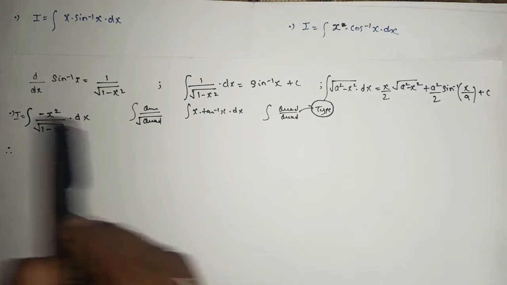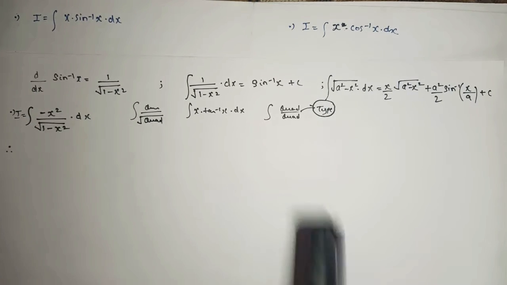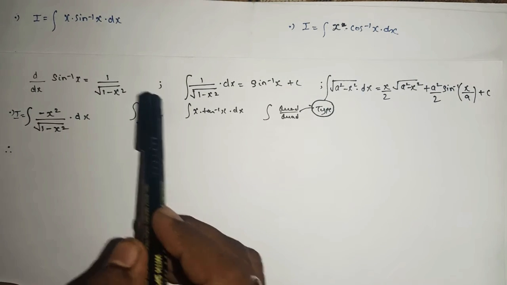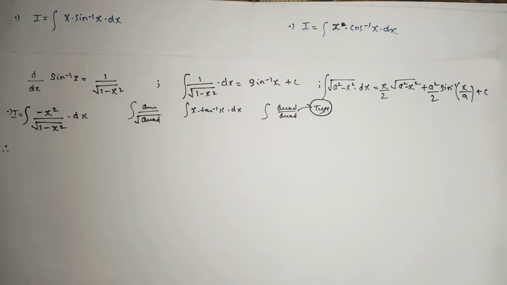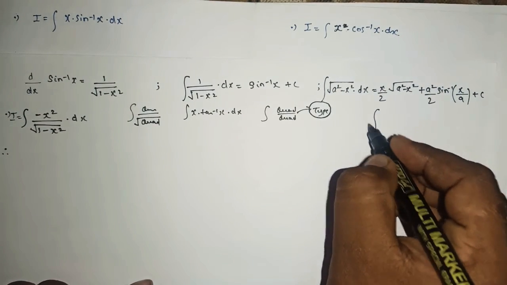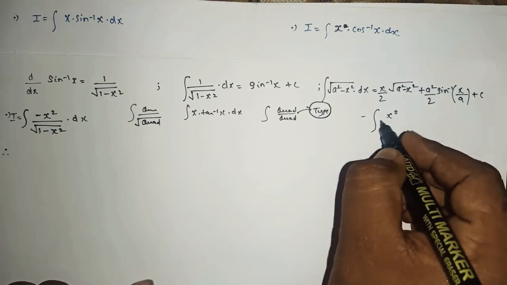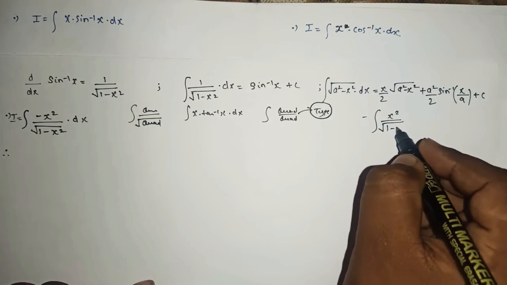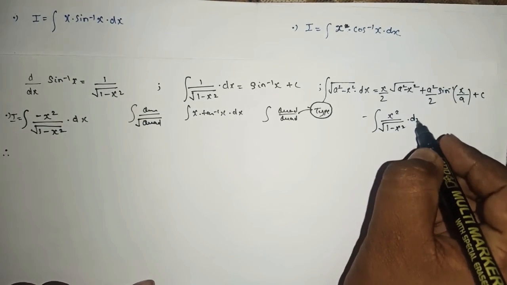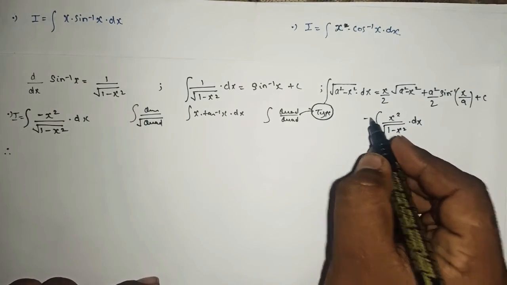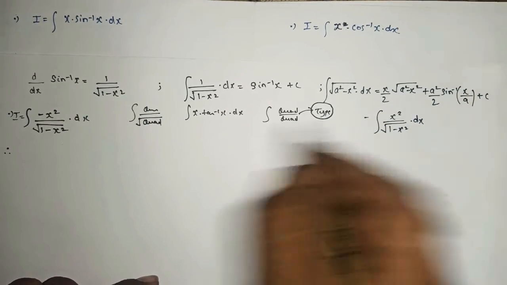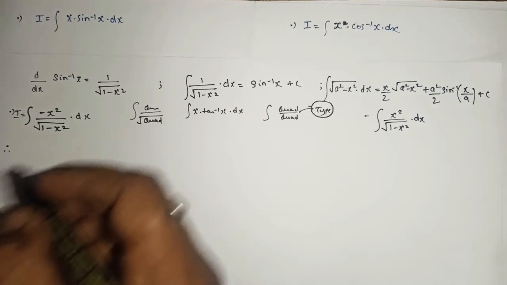So here we'll see how to solve quadratic upon root quadratic. Again, we don't have a separate type for this. Whenever you come across minus x square upon root 1 minus x square into dx, or if the minus is inside, we bring it inside.